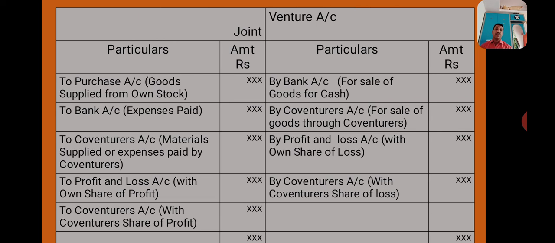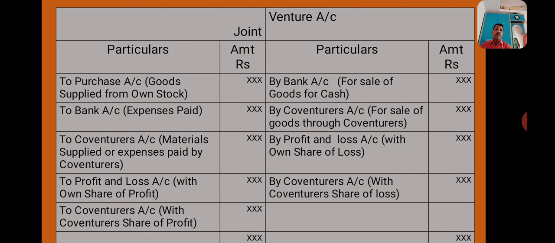Next, come to the credit side of the joint venture account. So joint venture account is credited with by bank account for sale of goods or for cash. If we make the sales of joint venture, then by bank account, that means joint venture account should be credited with bank account.